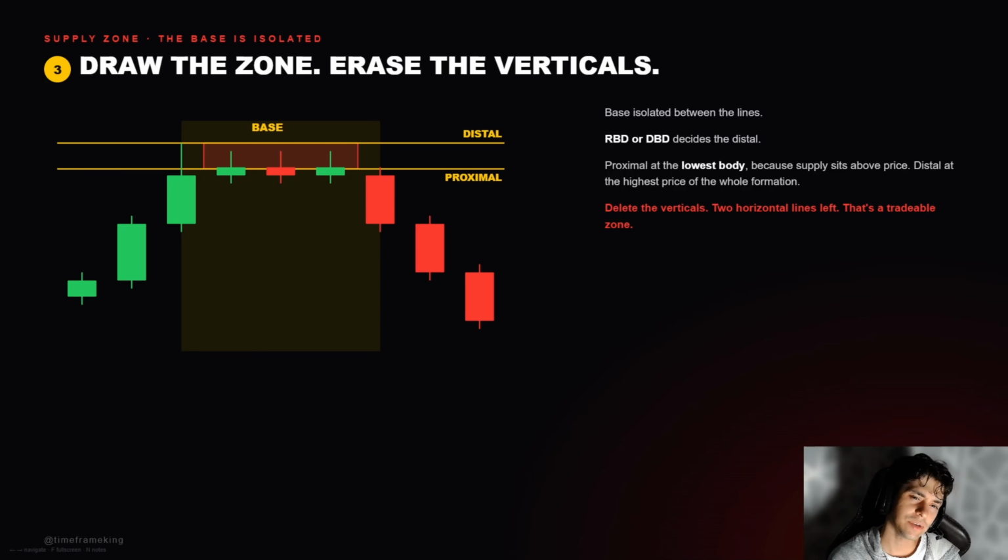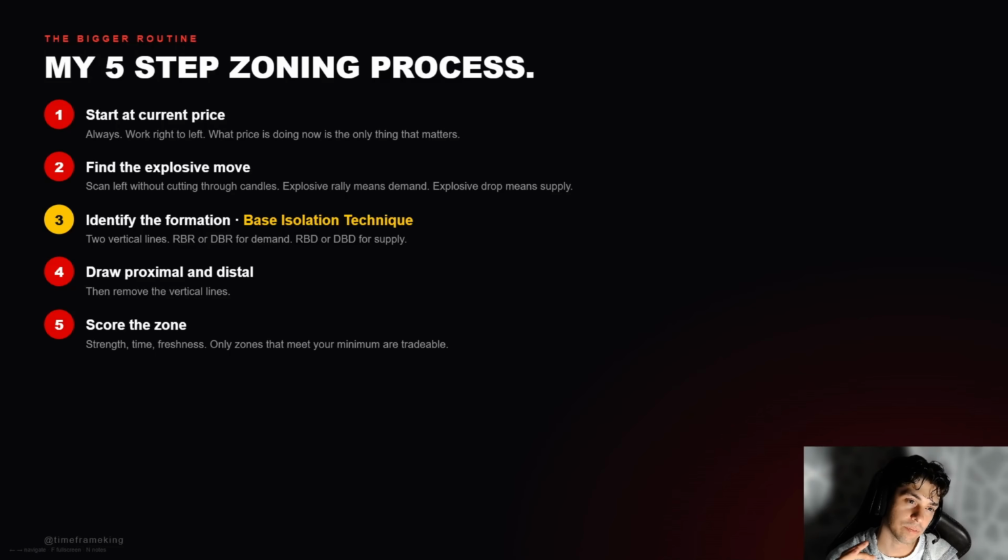And now let me show you where this fits in the bigger picture, because the base isolation technique is one piece of a whole routine I have. My 5-step zoning process. 1. Start at current price always. Work from right to left. 2. Find the explosive move. Scan left without cutting through candles. Explosive rally means demand. Explosive drop means supply. 3.